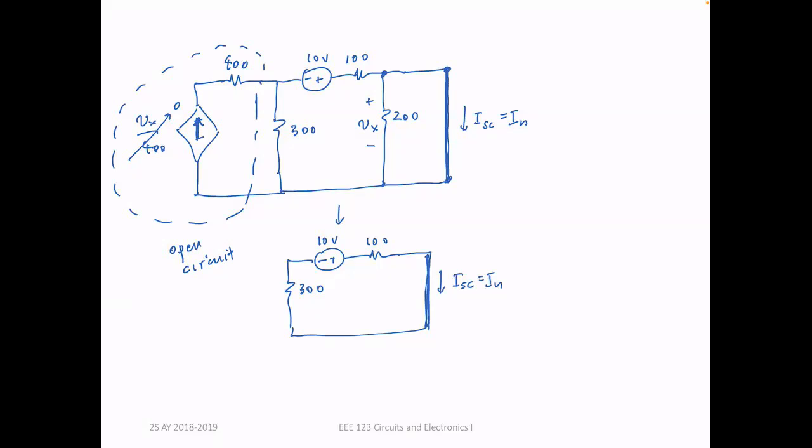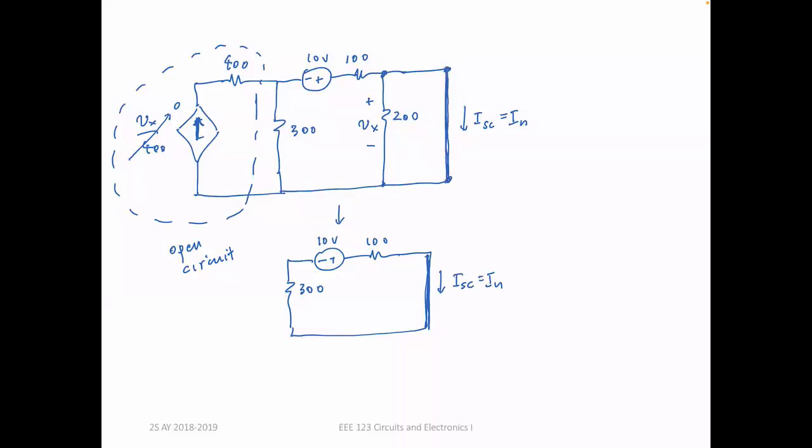Ano nangyari sa 200? Since my 200 ohm resistance is shorted out, there will be no current that will flow through it. So I can take it out. No? All the current, lahat ng current na nanggagaling dito, walang bababa rito. Lahat pupunta dito sa short. Remember that what I said was a short circuit is like a single point.